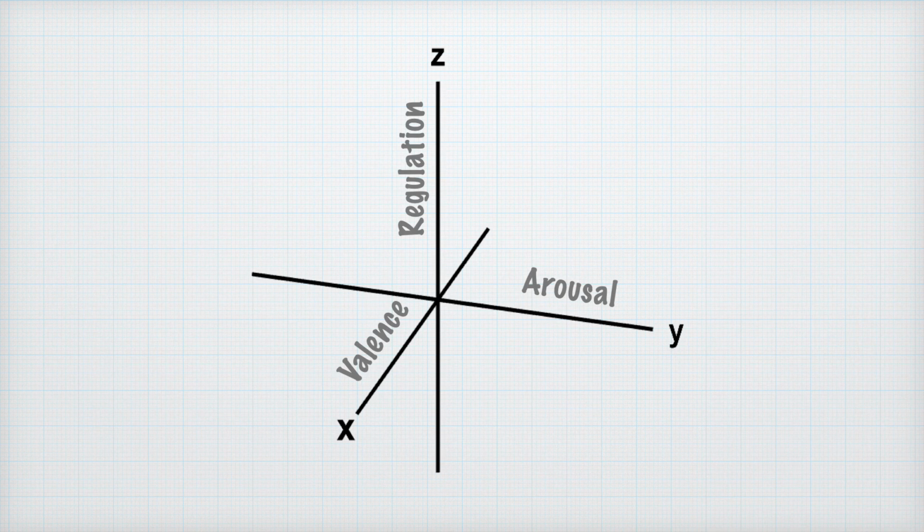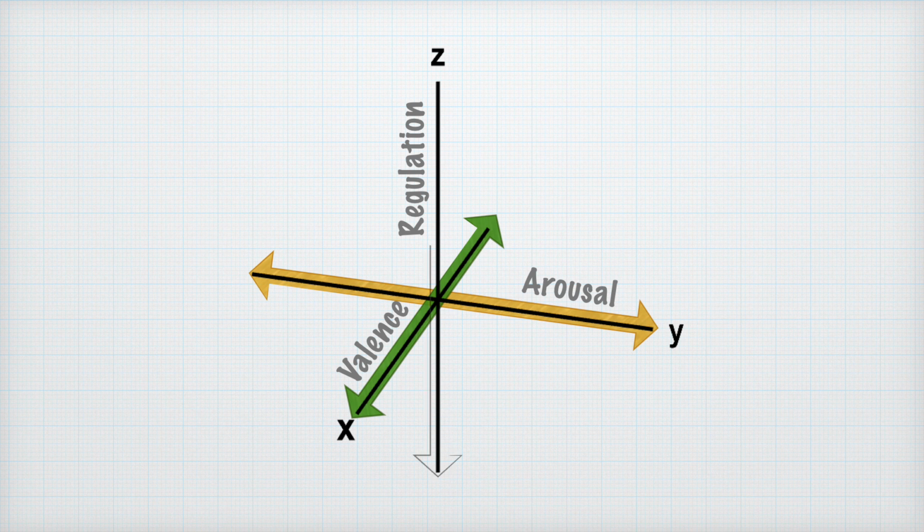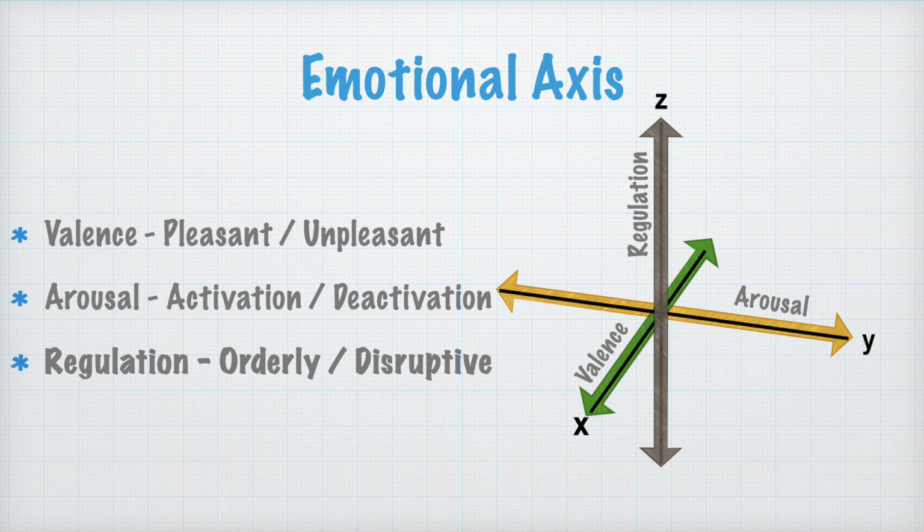When I was watching the talk on the Big Five, I realized that maybe we just need a whole axis to describe what's going on here. So before we had valence and arousal, and now we're going to add a third axis called regulation. Valence is how pleasant or unpleasant that emotion is to experience.